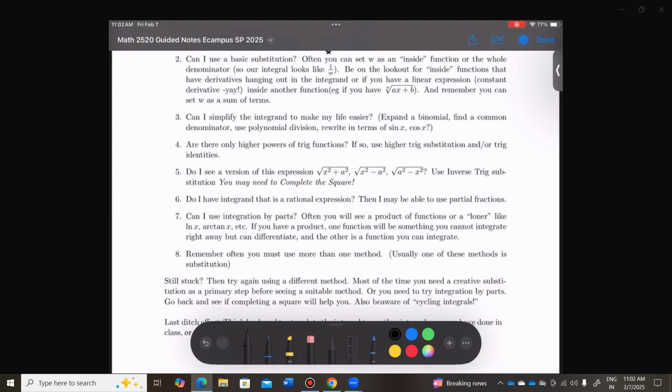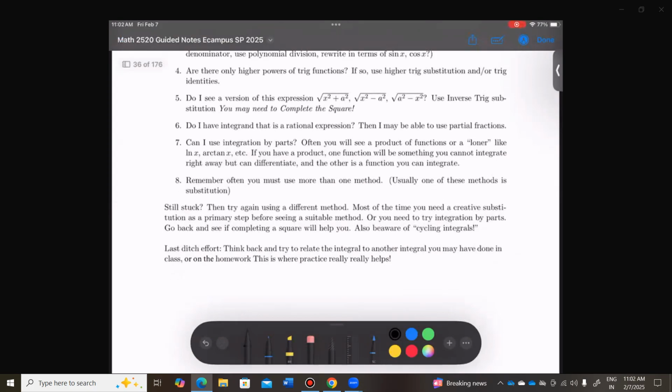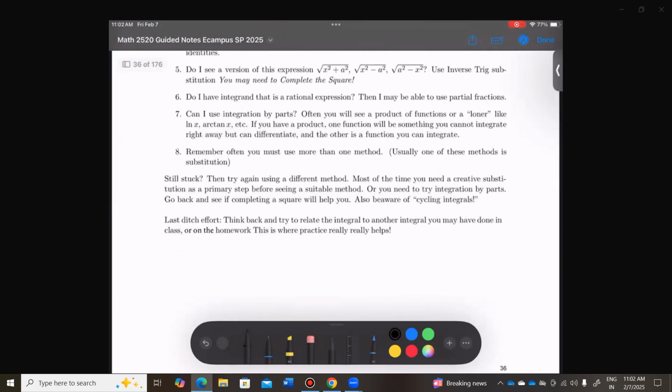And then if you're still stuck, you may want to try again and just pick a different method, or a different way of going about it. Sometimes you don't always pick the best ways at the very beginning. And then the last ditch effort is to think back and try to relate the integrand to another integrand you may have done in the class or in homework, or maybe even in an integration table.